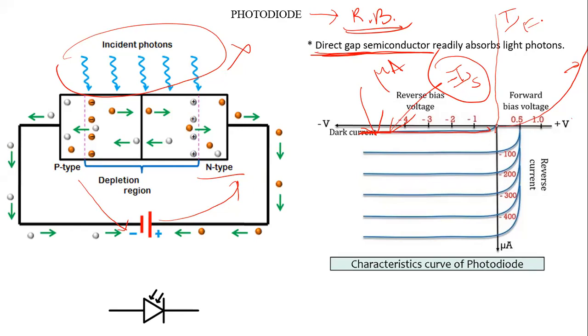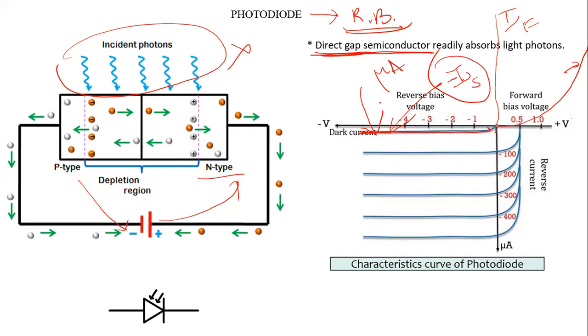So in the absence of any light, the current will be very small, some microampere, unless and until you achieve a voltage breakdown. If you use a normal silicon semiconductor diode and shine light on it, it will not alter the current.